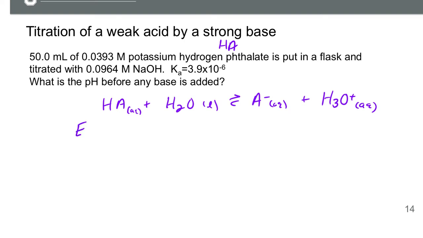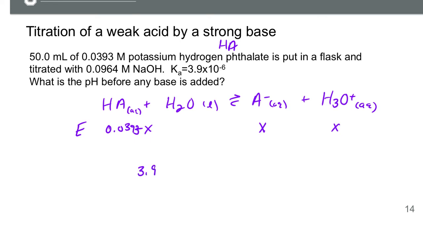Hopefully this is a relatively easy problem at this point. We start with our initial concentration, subtract x, add x to both sides of the products. At equilibrium, we're going to end up with 0.0393 minus x moles per liter of HA, x moles per liter of A minus, and x moles per liter of H3O plus.